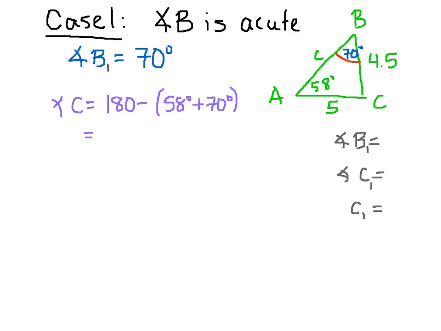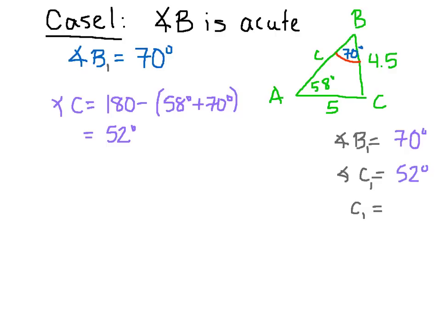This gives you a total of 180 minus 128, which gives you an angle of 52 degrees. So this is your possible angle for C when B is equal to 70 degrees.